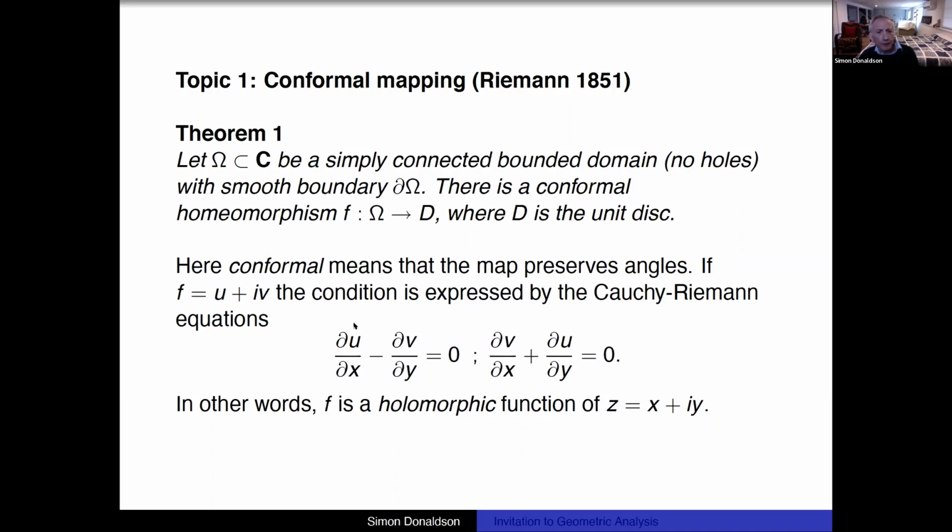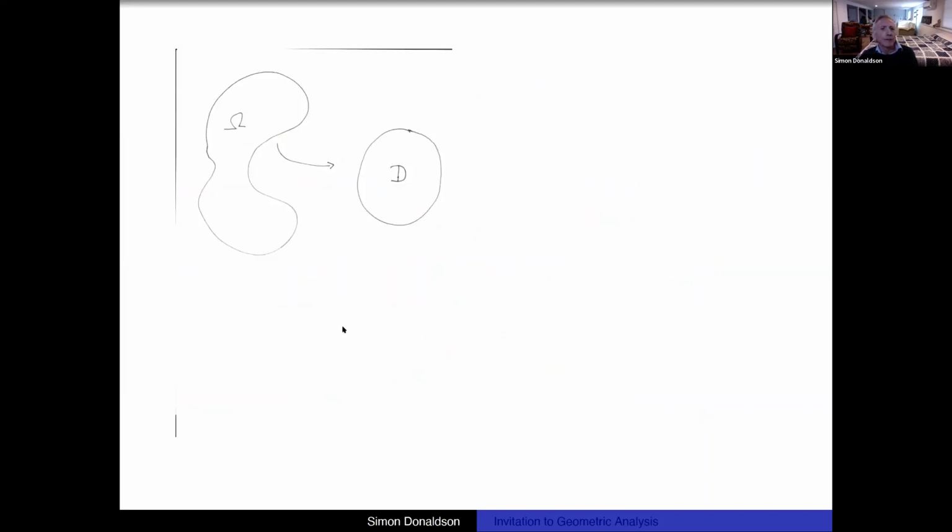And these also express the fact that the function is a holomorphic function of the complex variable, x plus iy. Now this is our picture, this is our simply connected domain. The statement is that we can map it to the standard disk, preserving angles between curves meeting at a point, or in other words, by a holomorphic homeomorphism.